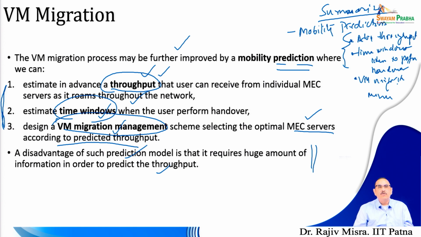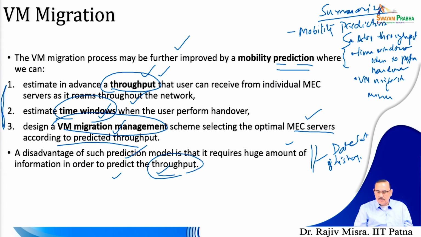But the disadvantage is that to do this mobility prediction it requires the history or the data set. It requires a huge amount of information in order to predict the throughput.